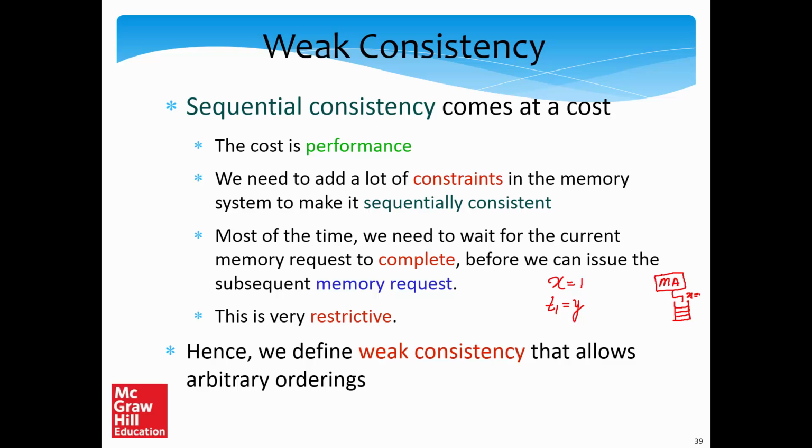This is because if it's a large block of 64 bytes and you are essentially writing to every variable within the block, you don't want to send 16 writes, 64 by 4, assuming size of an integer is 4 bytes. You don't want to send 16 writes to the L1 cache.